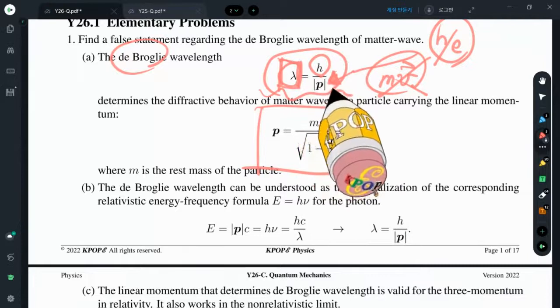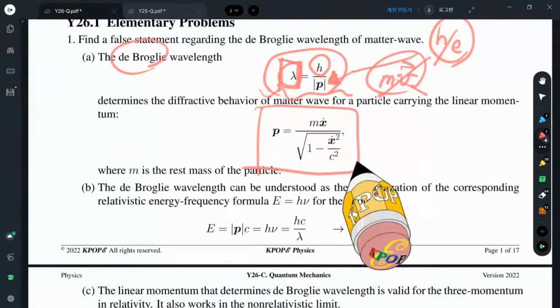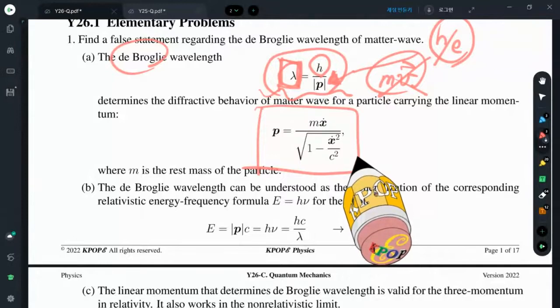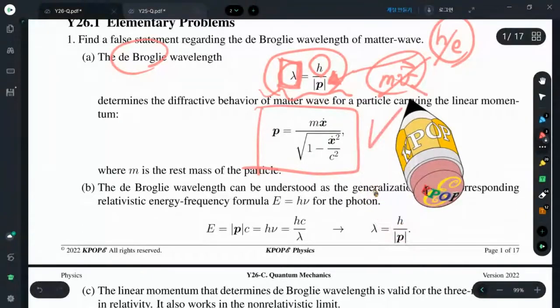So the momentum is actually relativistic. It has not been extended from the non-relativistic theory. From the beginning, the theory was relativistic.